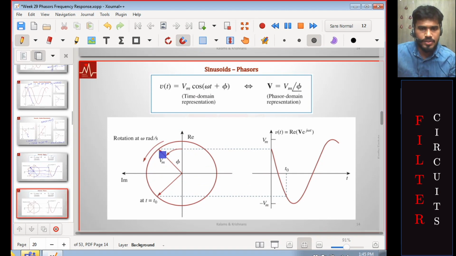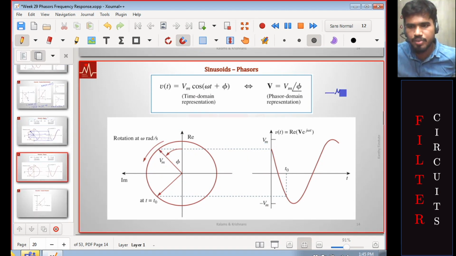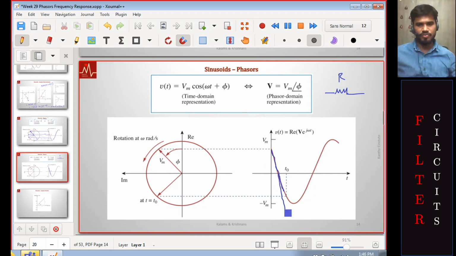And again, notice if you're looking at a pure resistor, if the voltage is like this, the current will also have the same phase. That is, current will be a scaled version of this curve. That scaling coefficient is R. V is IR.